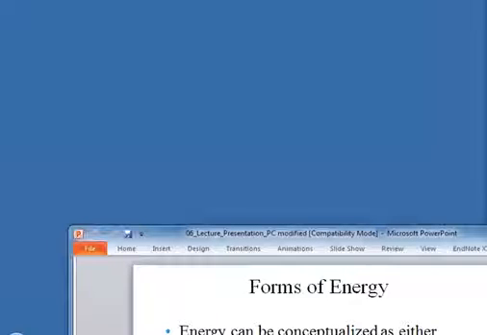We saw some of that when we were looking at our diagram before.